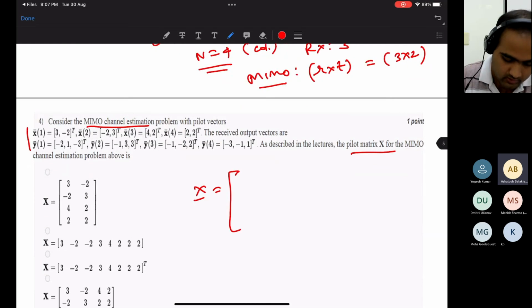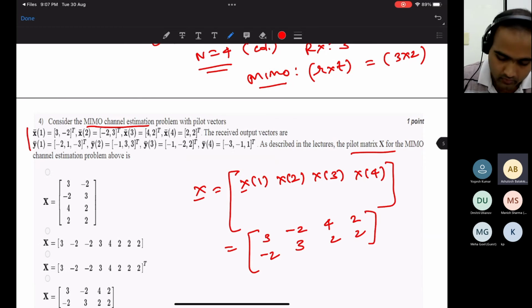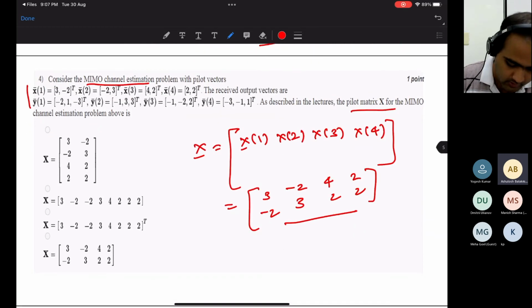Just write each of these time indices: this is X1, X2, X3, X4, and this will be 3, minus 2, minus 2, 3, 4, 2, 2, 2. So this is my X matrix, this is my pilot matrix.